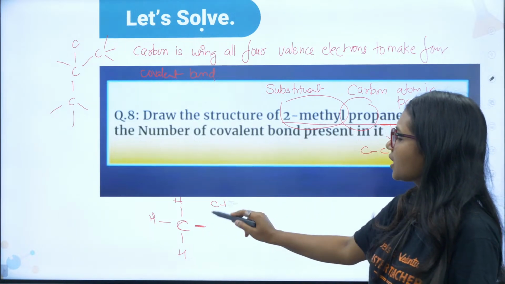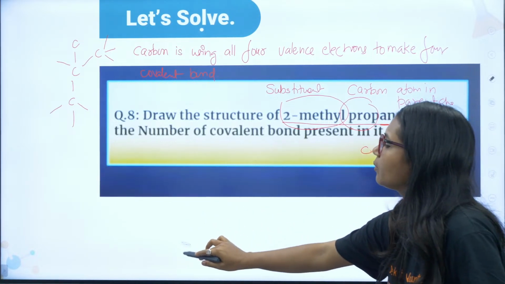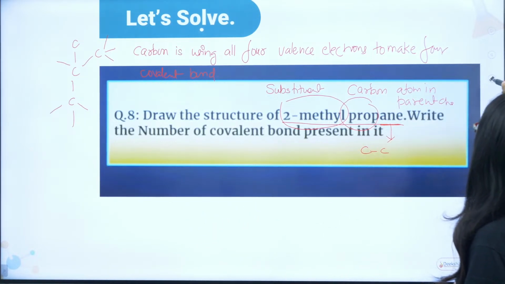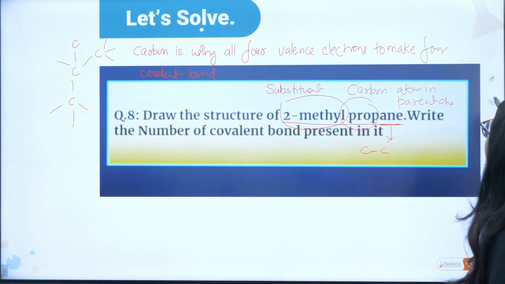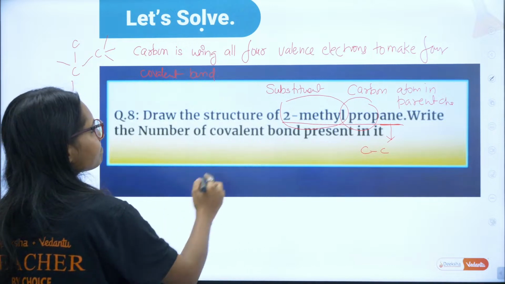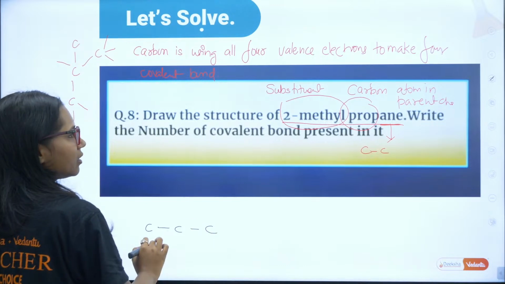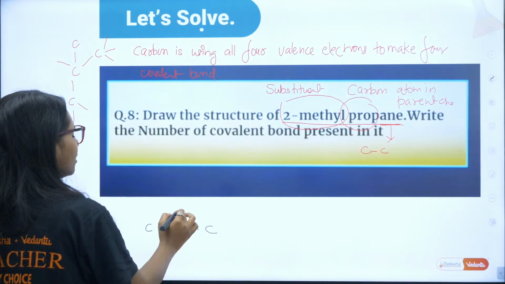I will draw this structure again, the open structure, and tell me how many covalent bonds are present. Propane, 1, 2, 3. Second position, methyl.